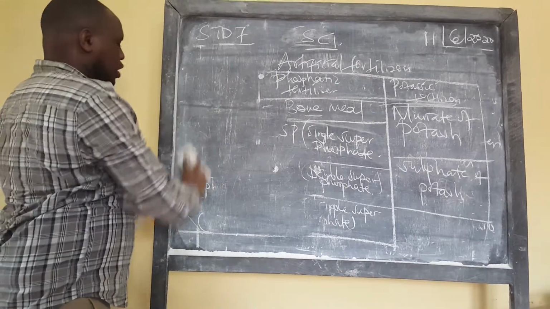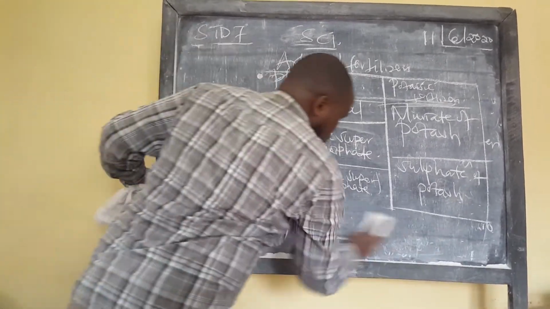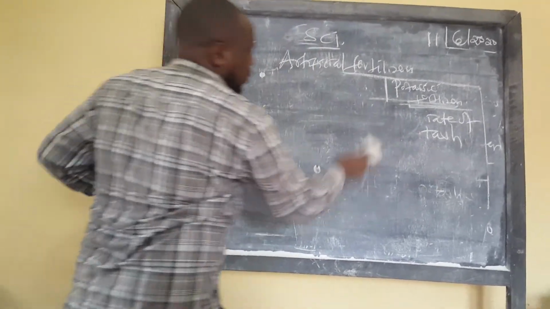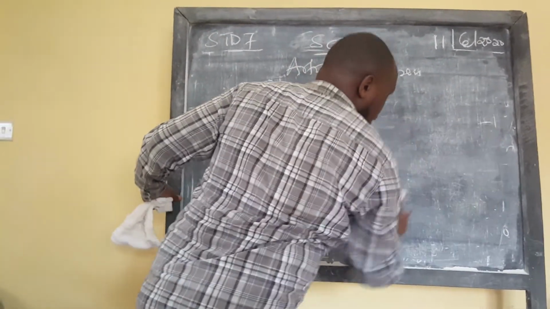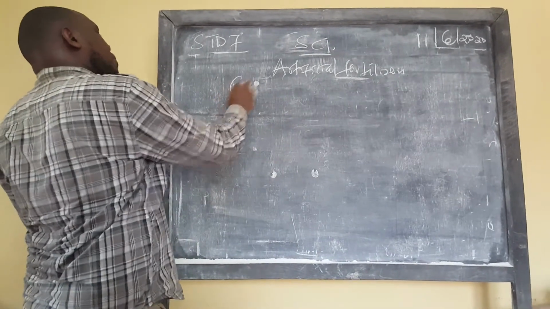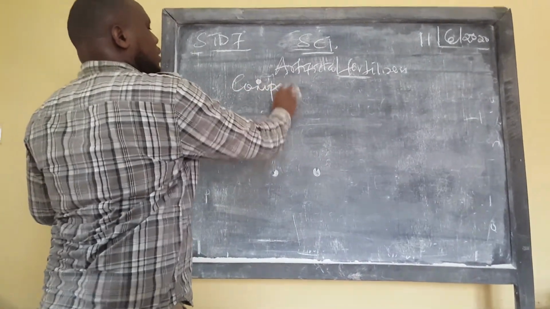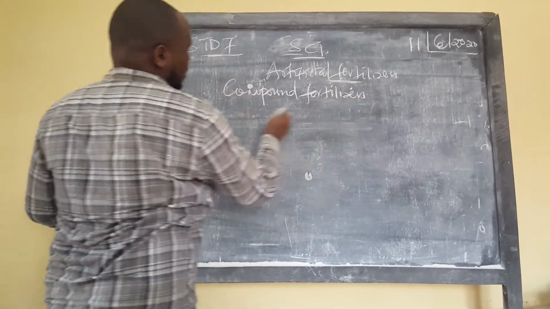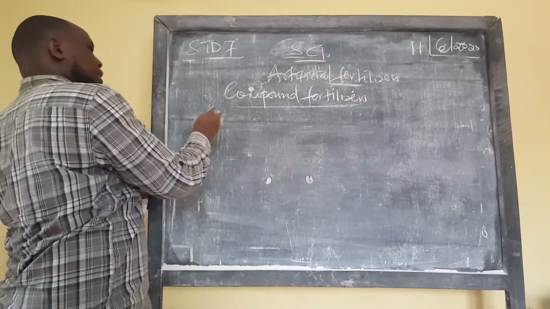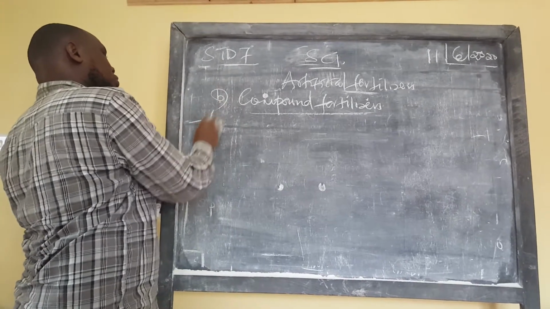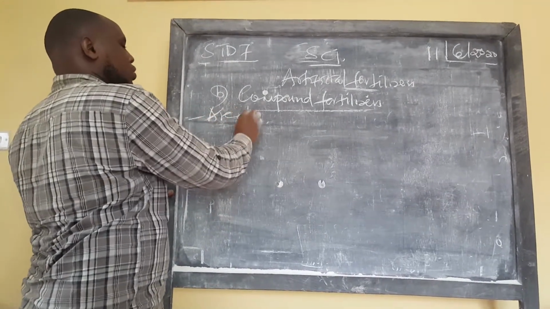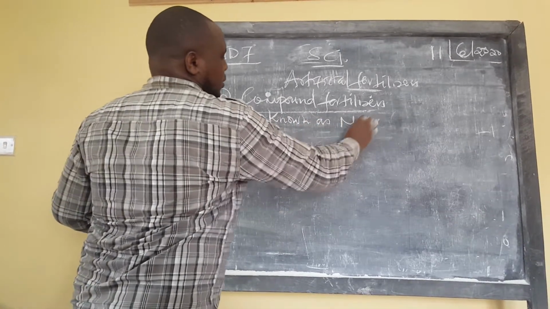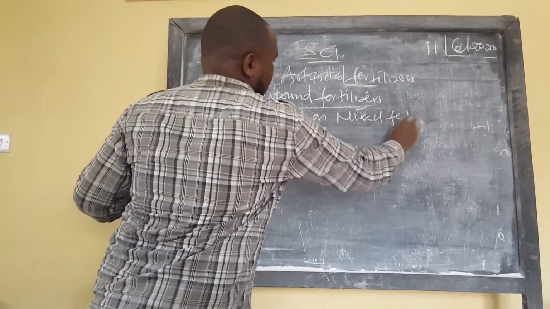We move to the compound fertilizers, the category number 2 of artificial fertilizers. The compound fertilizers are also known as mixed fertilizers.